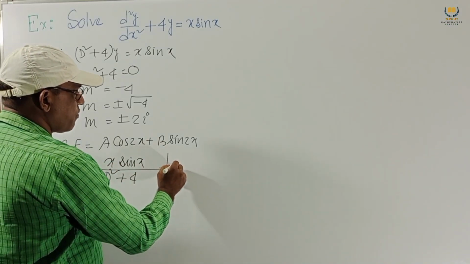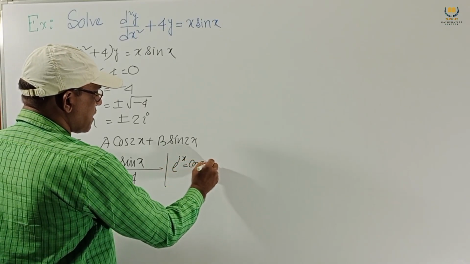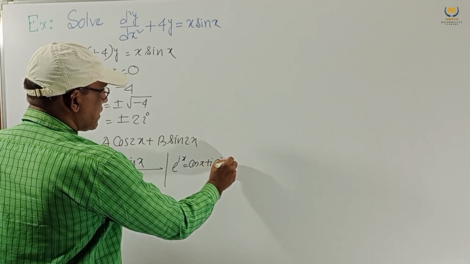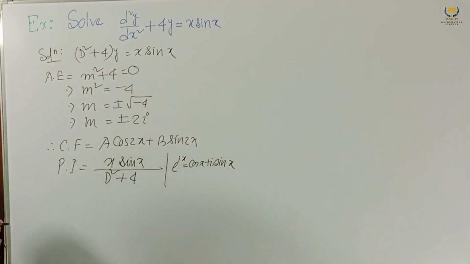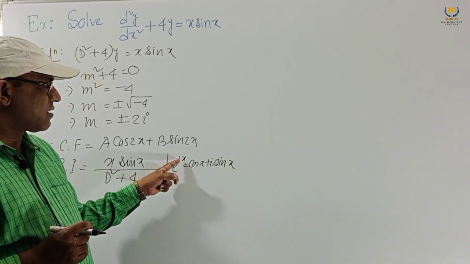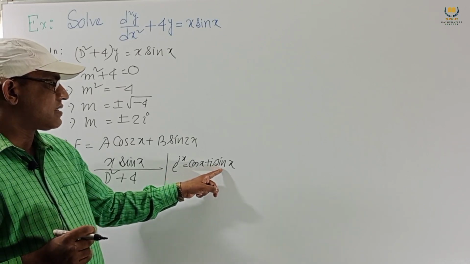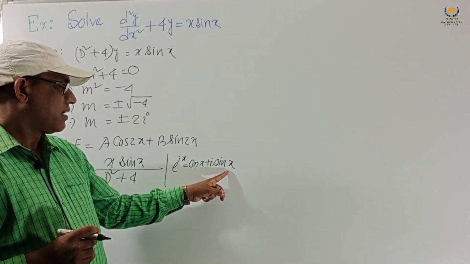Now we know e to the power ix equals cos x plus i sin x. This is in the case of complex trigonometry. This is called the real part, this is the imaginary part.